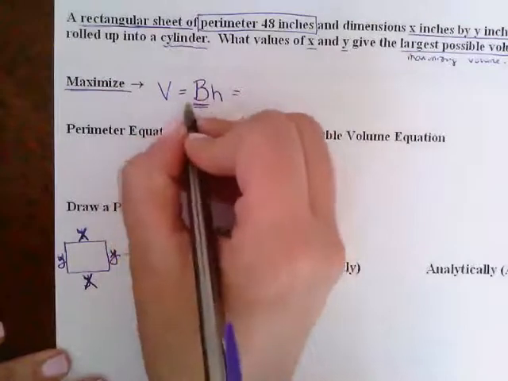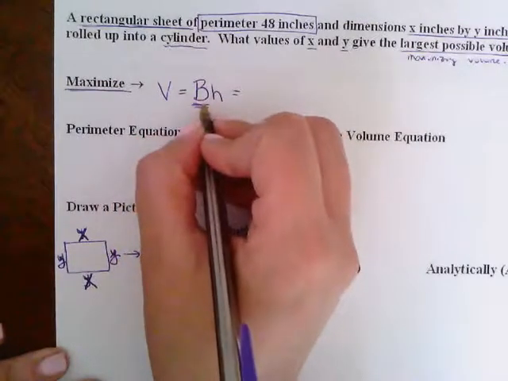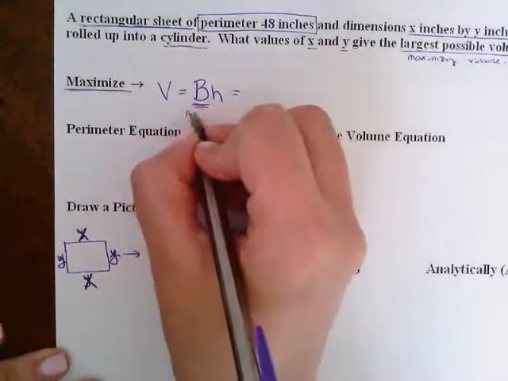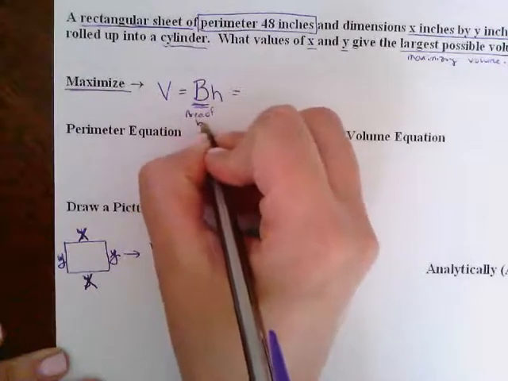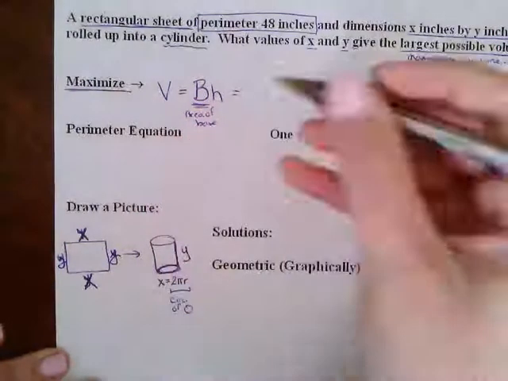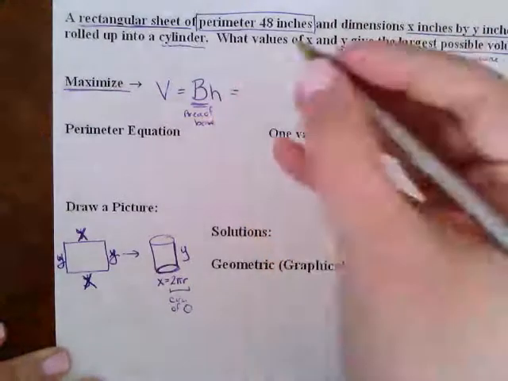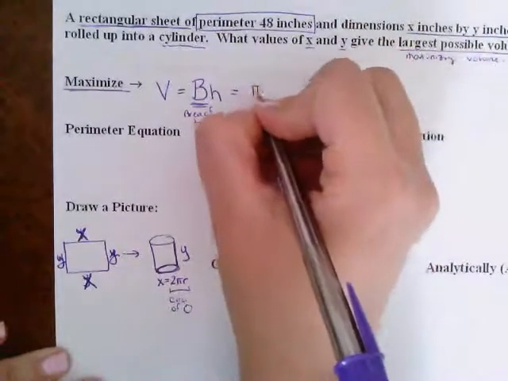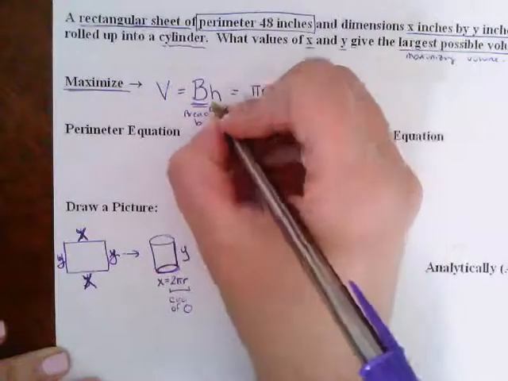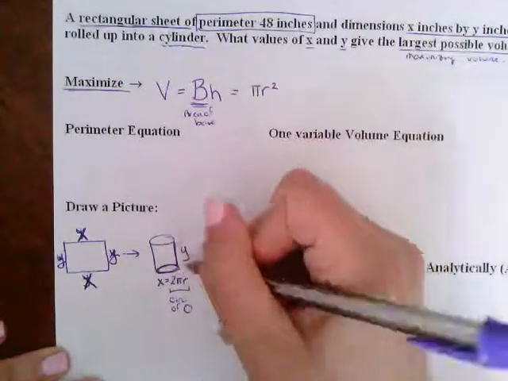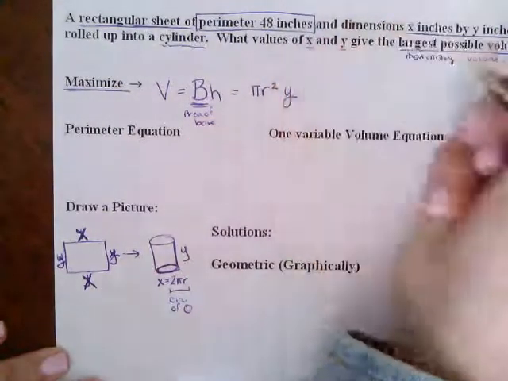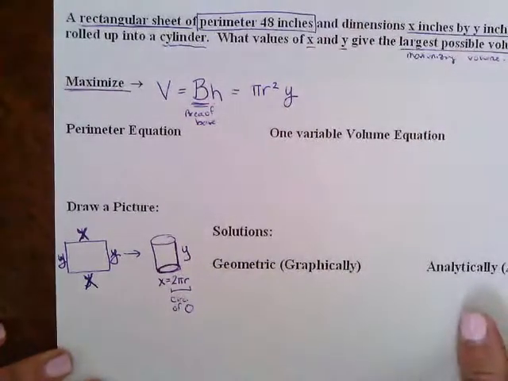So volume of all shapes is always going to be big B, the area of the base, times the height. In this case, our base is a circle, so the area of a circle is pi r squared, and then our height is y, just based on our picture.